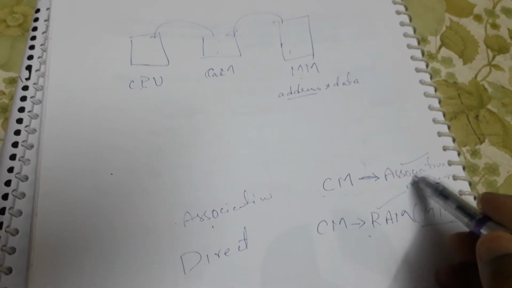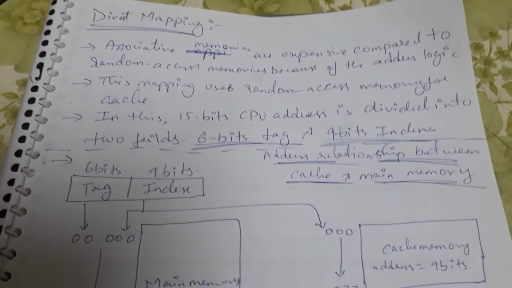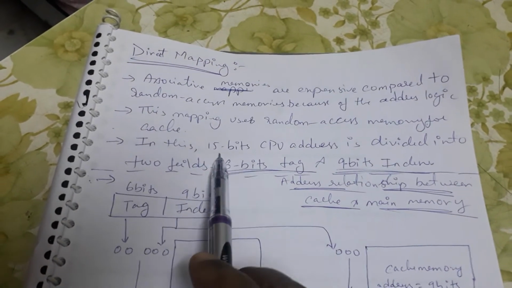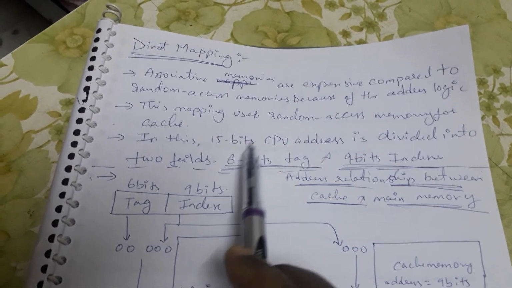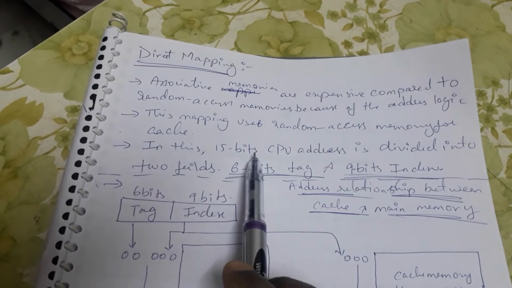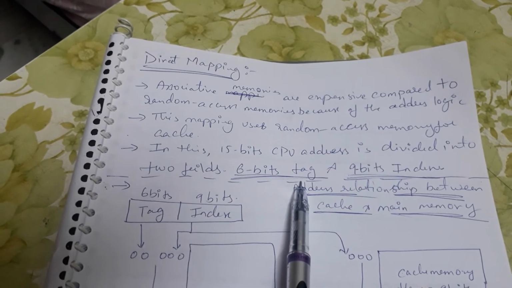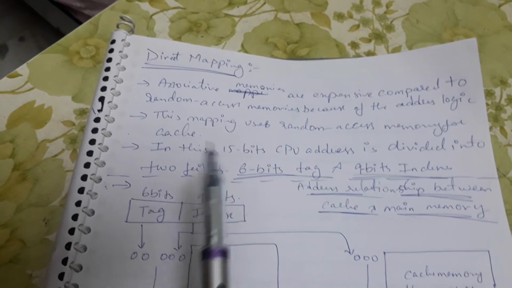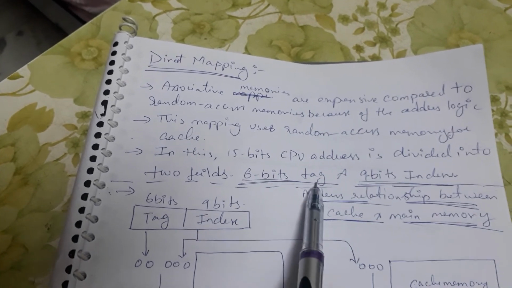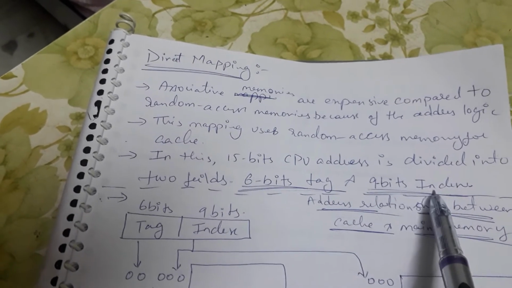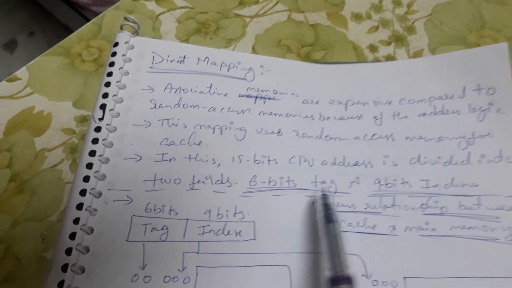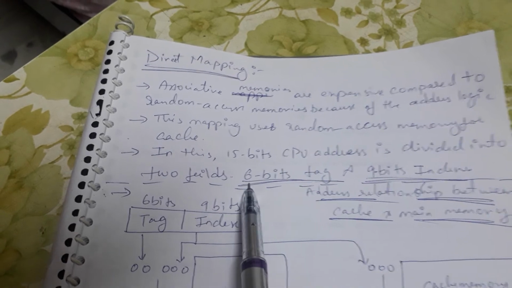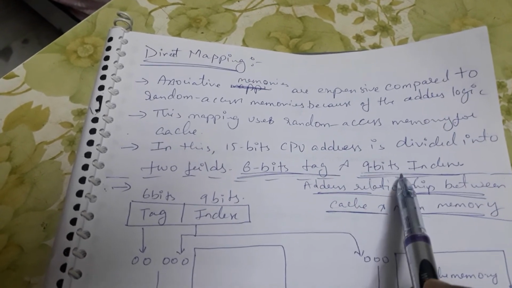In direct mapping, the 15-bit CPU address used by the CPU is divided into two fields. The first field is called tag and the second field is called index. The tag is 6 bits, whereas the index is 9 bits.